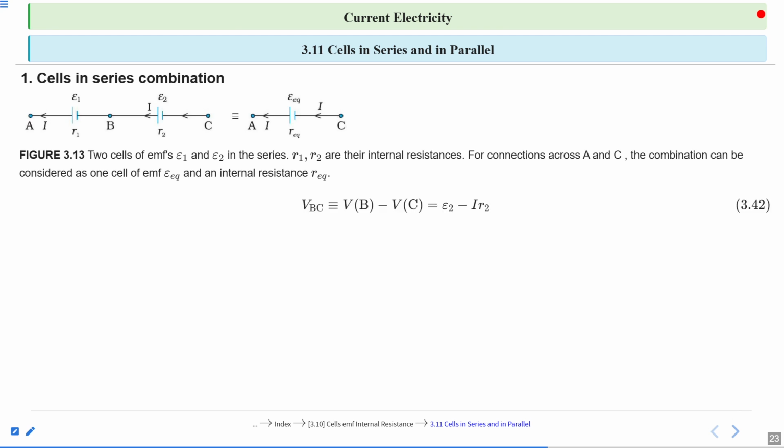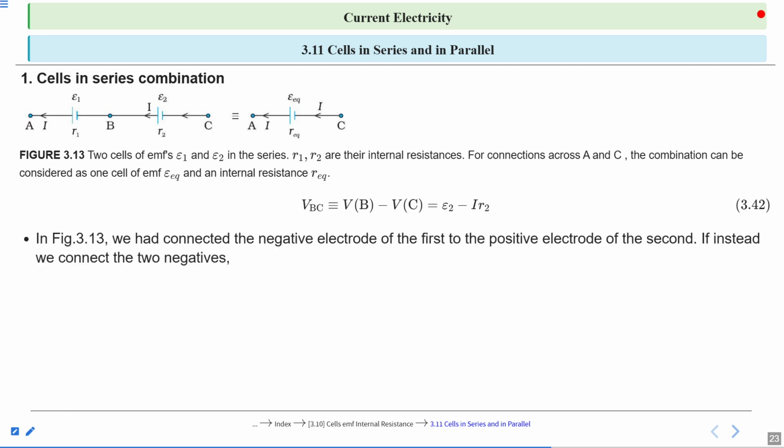So VBC will be equal to VB minus VC, that is epsilon 2 minus I R2, which was equation 3.42. In figure 3.13, we had connected the negative electrode of the first to the positive electrode of the second.